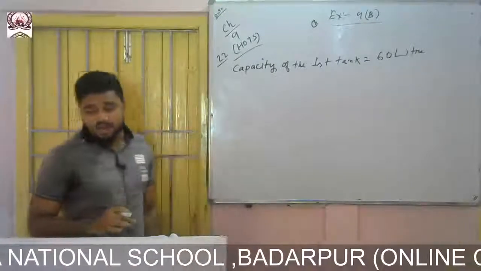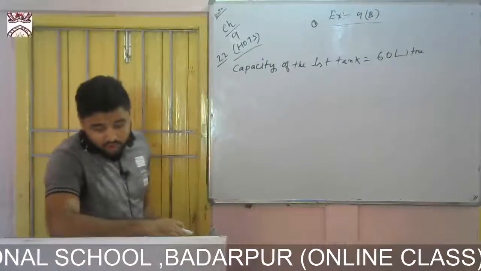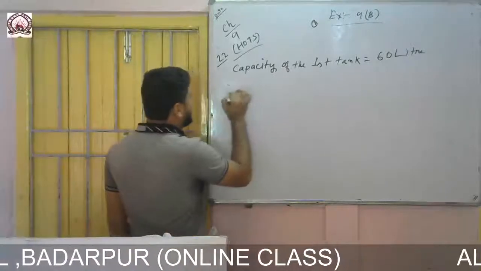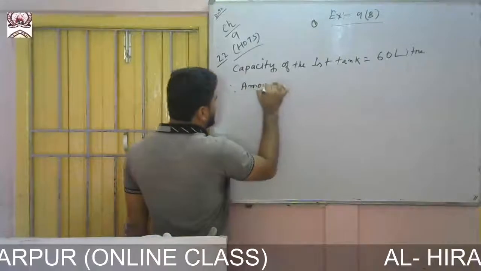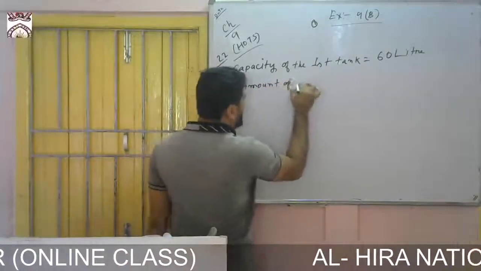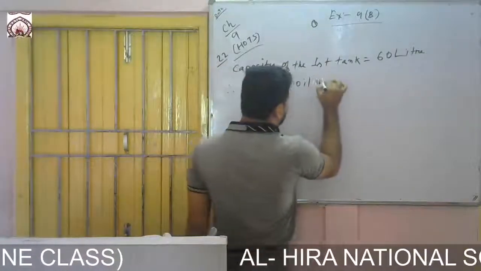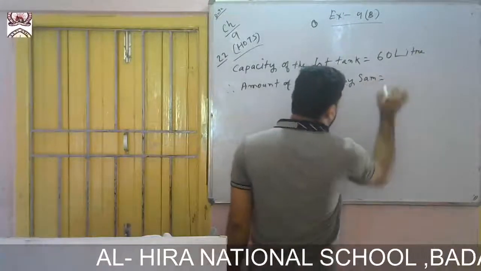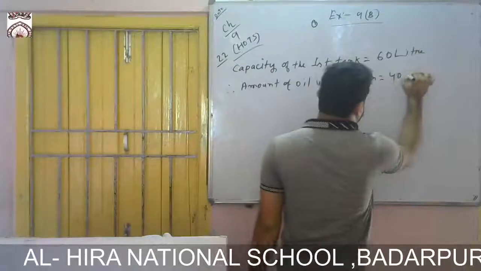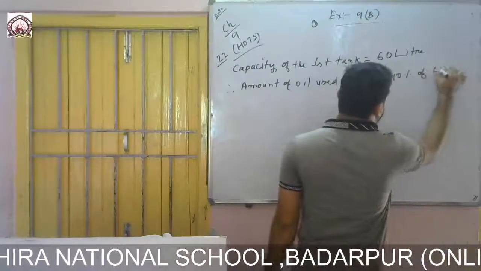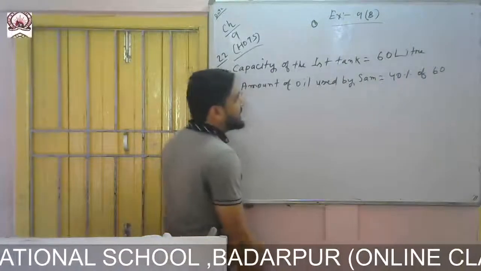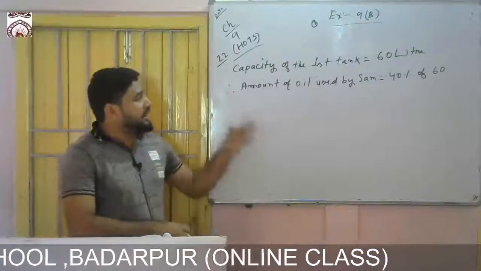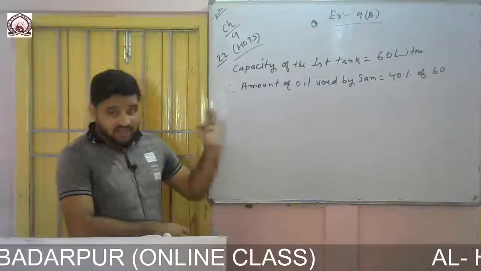Now the amount of oil used by Sham. The amount of oil used by Sham is 40% of 60 liter. Therefore the amount of oil used by Sham will be 40% of total oil, that is 60 liter, because he used 40% from the 60 liter tank.